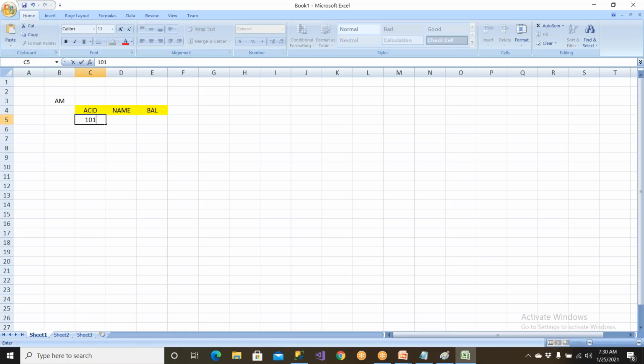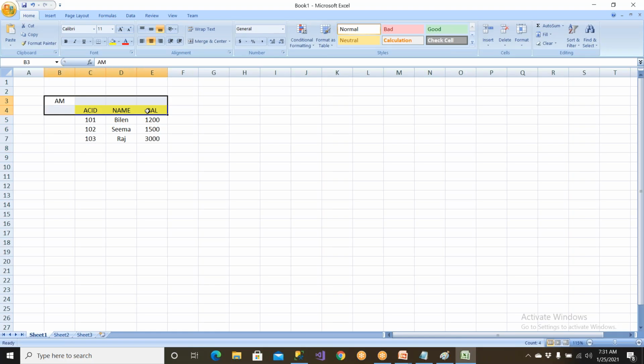I have 101, Bill, balance let us say $1,200. 102, we have Seema and $1,500, and 103, let us say Raj, $3,000. So this is the data in the account master table.